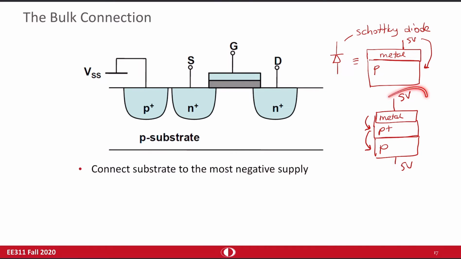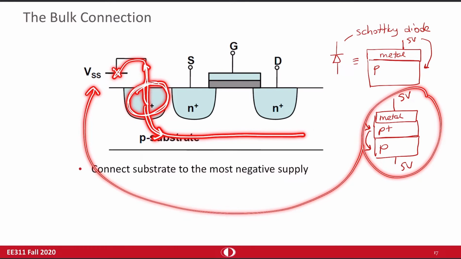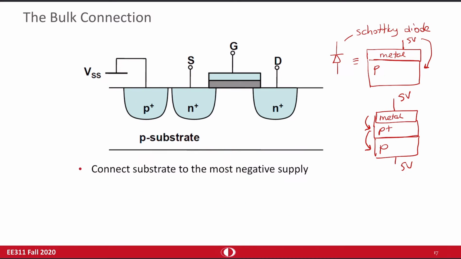And that is why when you're having bulk connection, you use this P plus region, because P plus makes a good ohmic contact with P substrate. It makes good ohmic contact with the metal line in here. So when you apply some supply potential, it is directly transferred to the substrate, and you can observe the same supply potential in here.